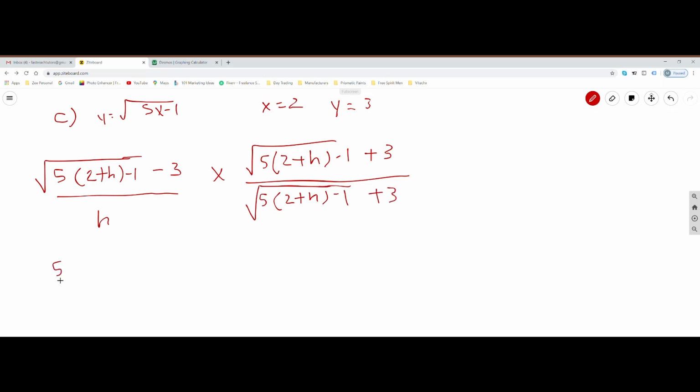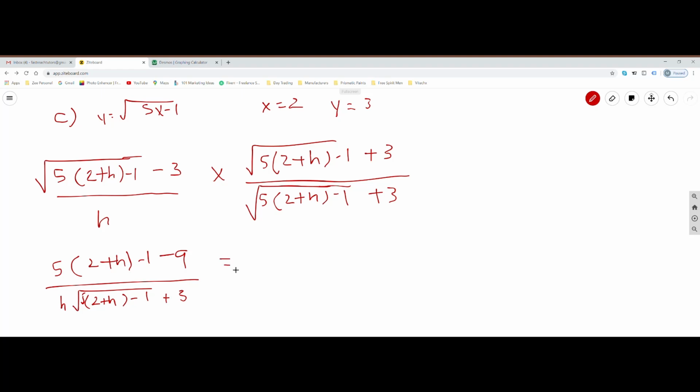So you have 5 times 2 plus h minus 1, and then minus 3 times positive 3 is negative 9, over h times the square root of 5 times 2 plus h minus 1 plus 3.